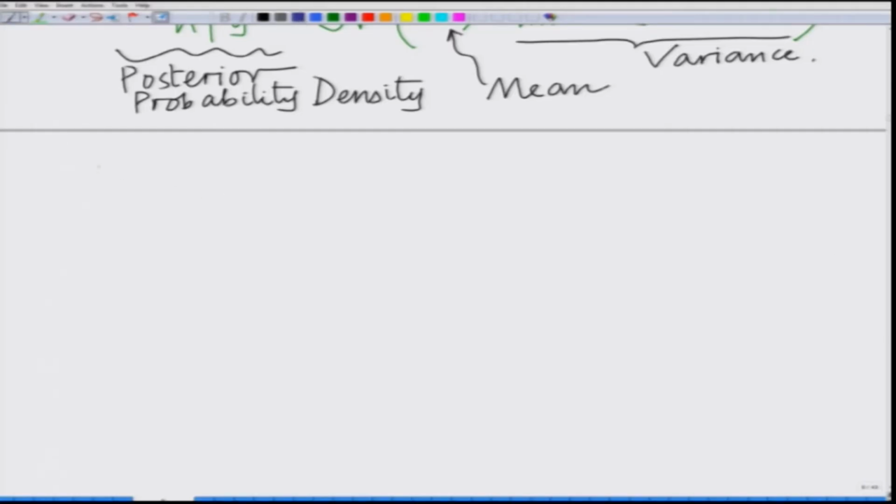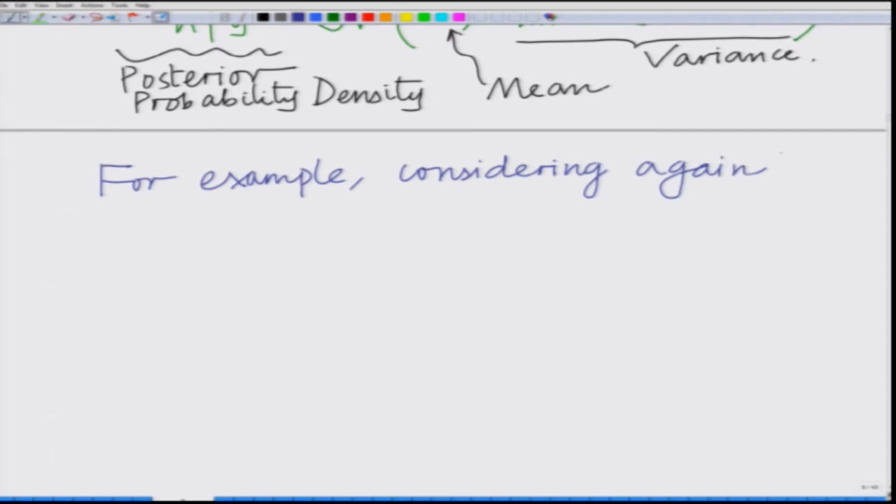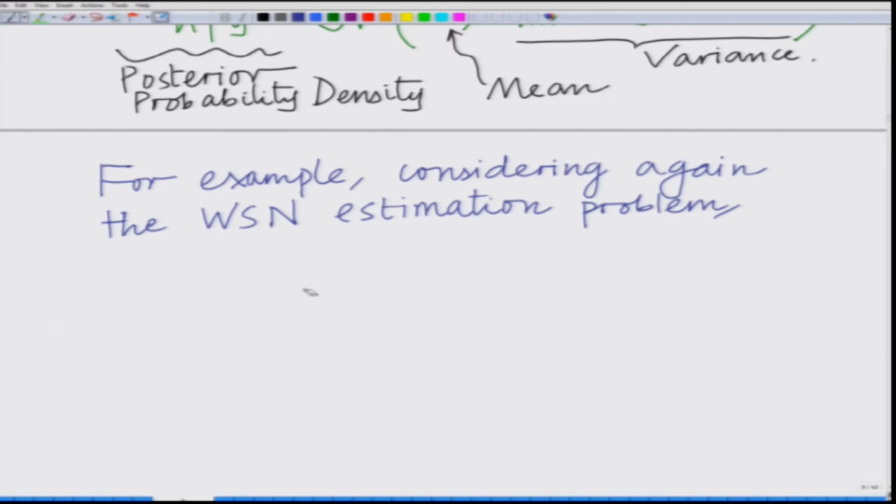Correct. For example, consider again our wireless sensor network, the WSN estimation problem.